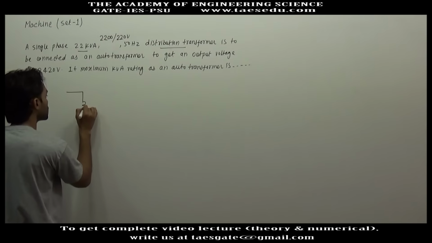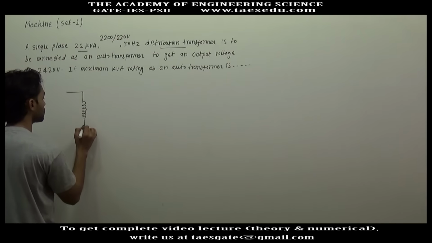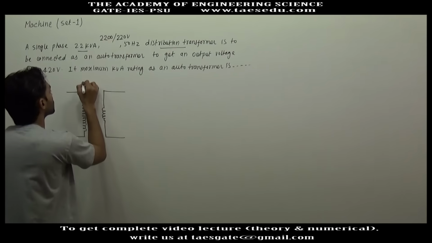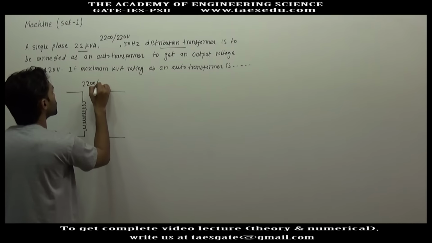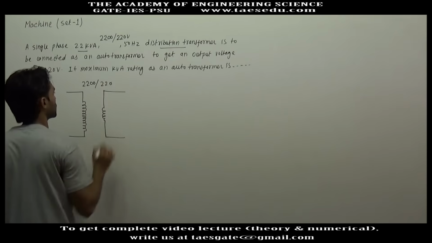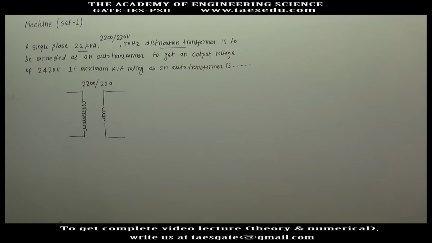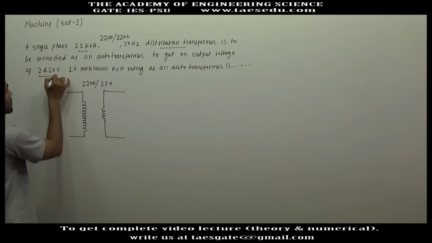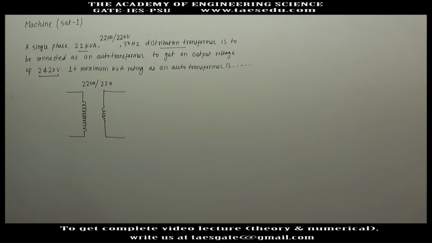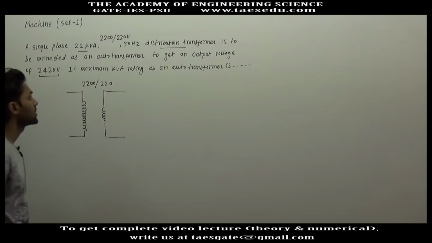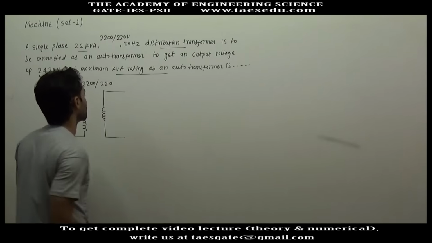Let's say this is a 2-winding transformer. The voltage ratio is 2200 by 220, and it has to be connected as an autotransformer so as to get 2420 volt output voltage, and the kVA rating has to be maximum.